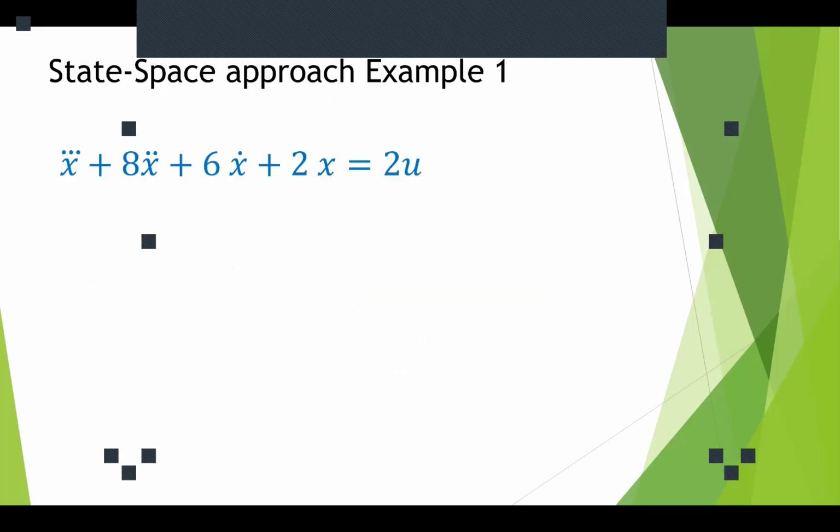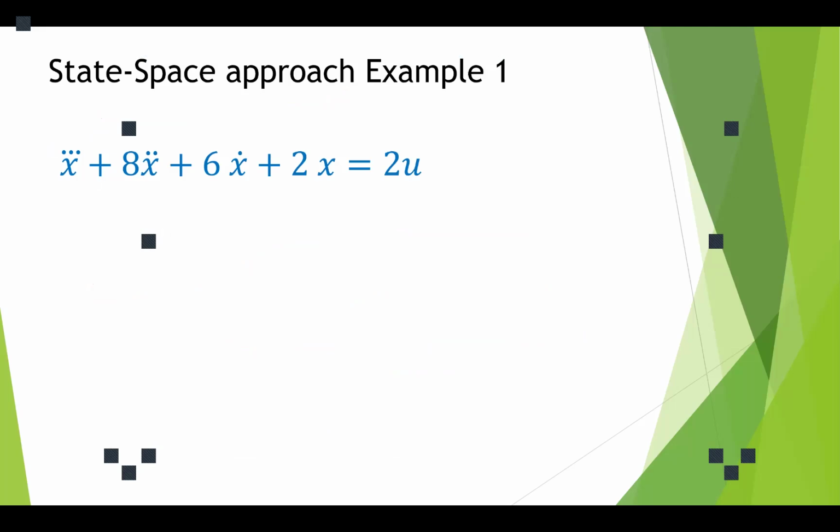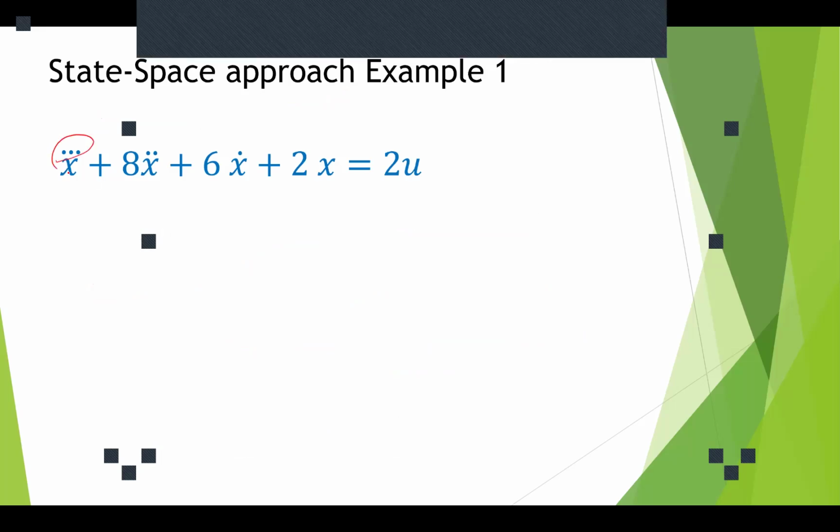Now, let's look at an example of an nth order differential equation. We have a 3rd order differential equation here. We said we wanted to describe that with a minimum number of linearly independent variables. How do we do that? We set the order is 3.